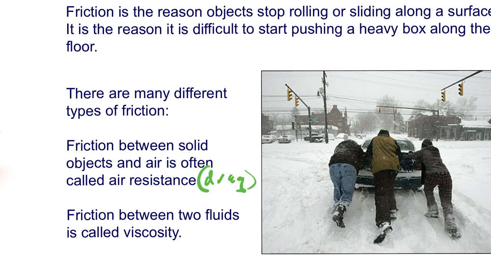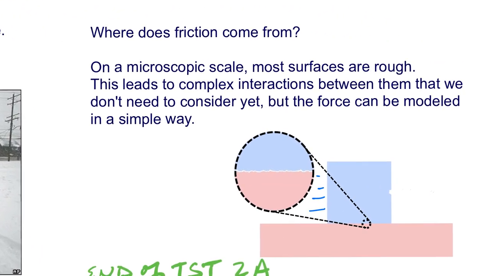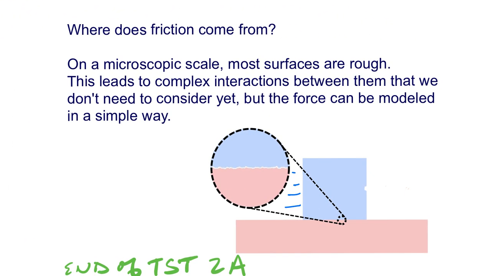Okay, so we can skip this page. Now, where does friction come from? If we look at two surfaces in contact, one surface, even if it appears smooth, is jaggedy.